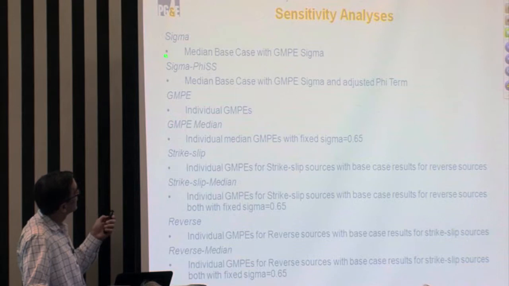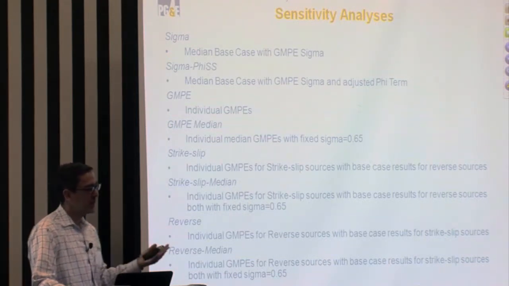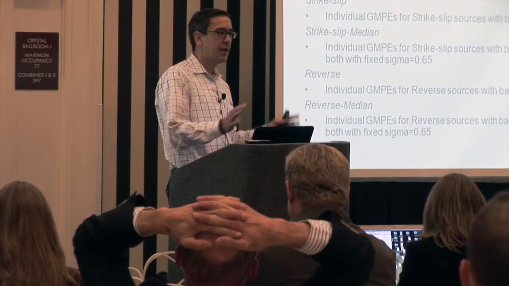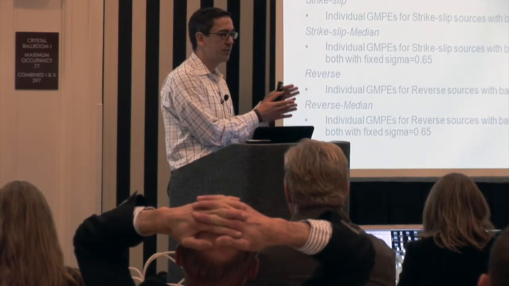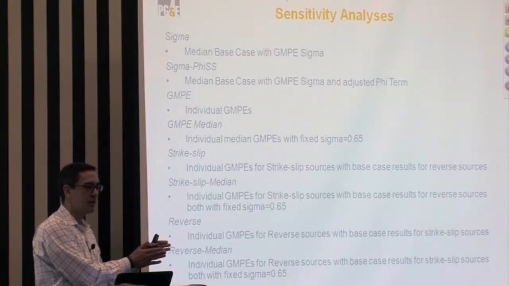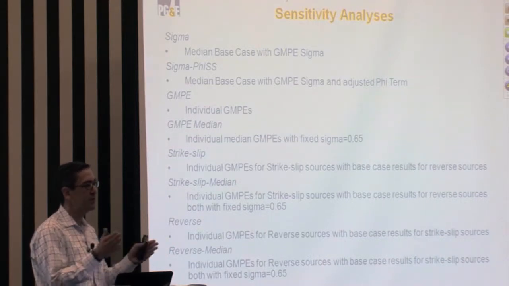So the first one is the sigma. Again, we have a base case set of 5 NGA West 1 ground motion models, and we take the median predictions of the ground motions from those 5 base case models. But on top of that, rather than use their own sigma models, we apply the individual sigma models from each of the GMPEs.